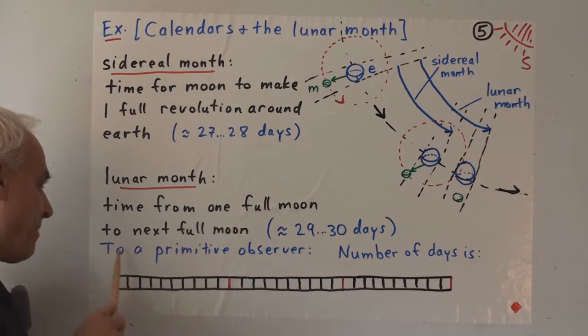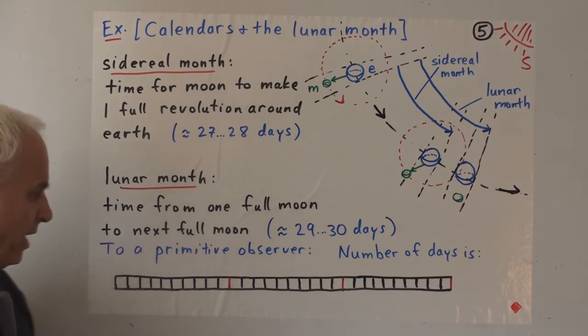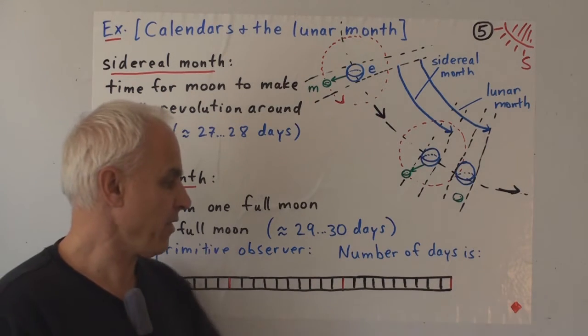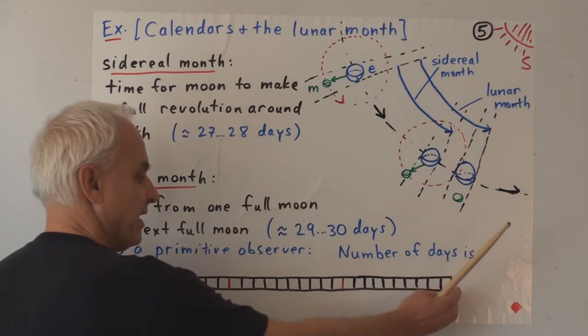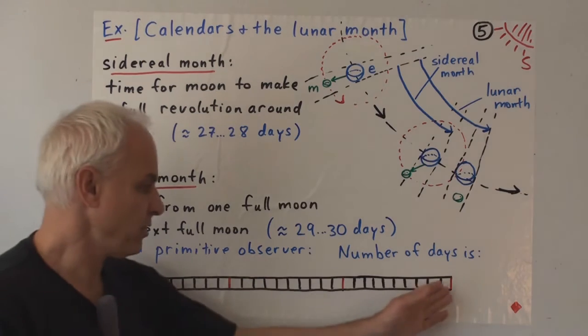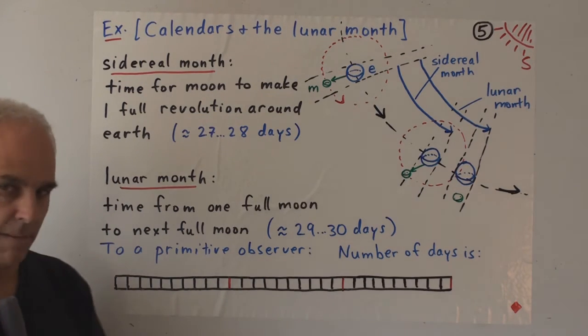Well, you would make a mark on a piece of paper, one for every day. And our marks here are little squares. So this observer would make a square for every day that passed from one full moon to another. And at the end of that experiment, he would say, this is the number of days from one full moon to another.